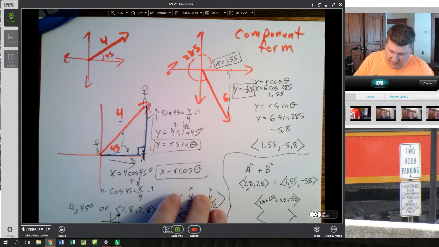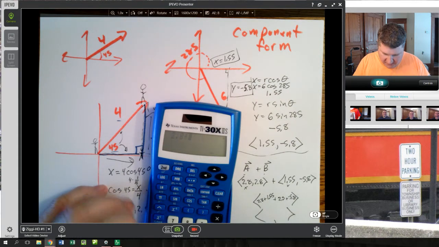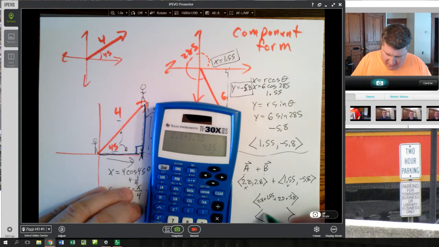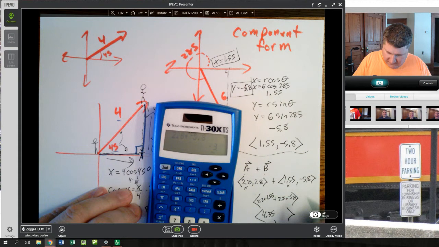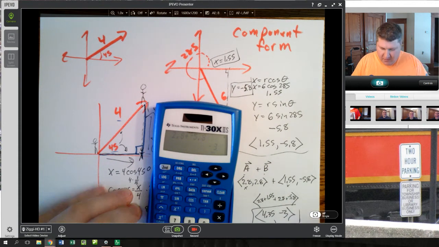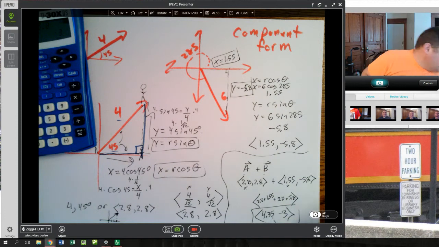So my answer here turns out to be 2.8 plus 1.55, 4.35, 2.8 plus negative 5.8. Answer is negative 3, and there you go. So my vector is over 4.35 and down negative 3.